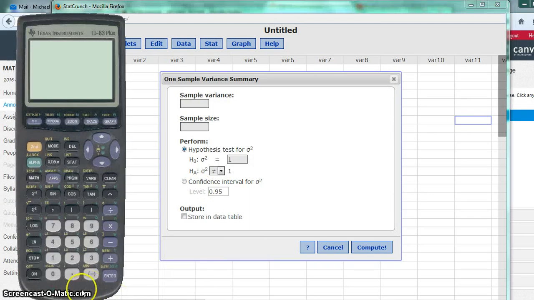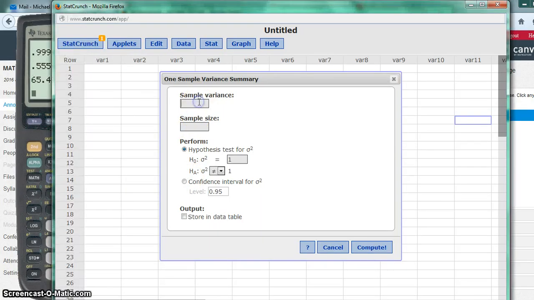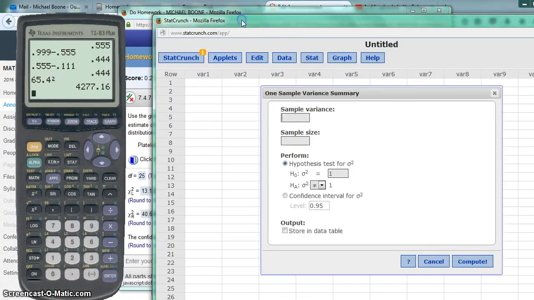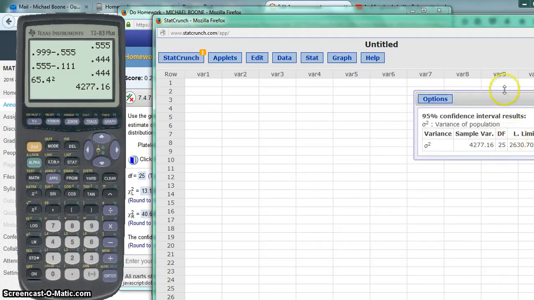We were given s. So we have to take our 65.4 and square it, because that's how we get variance. So our sample variance is 4277.16. Our sample size was 26. We're doing a 95% confidence interval. So we get these values.